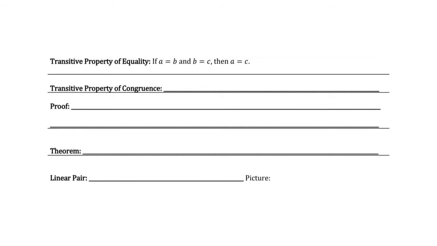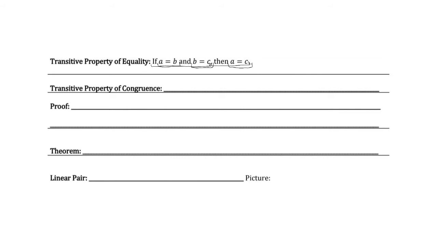All right, so the next thing we're going to go over, those were the properties of equality. The next one of operations is the transitive property of equality. What it's saying is if A equals B and B equals C, then A equals C. Essentially, if A equals one thing, and that one thing equals another thing, then A equals that third thing.